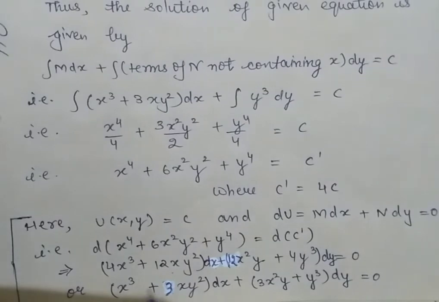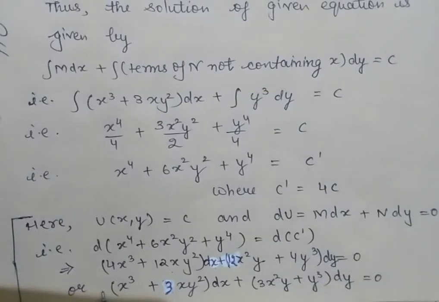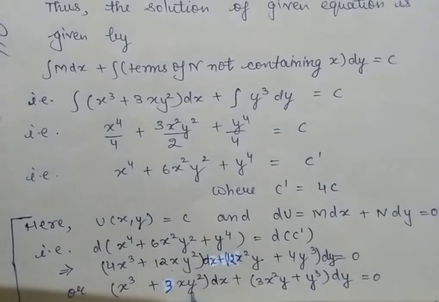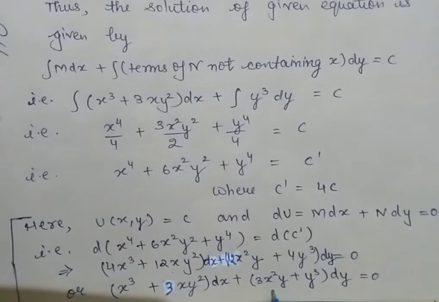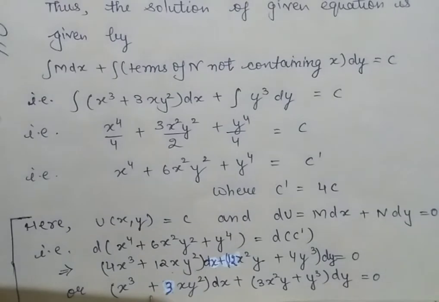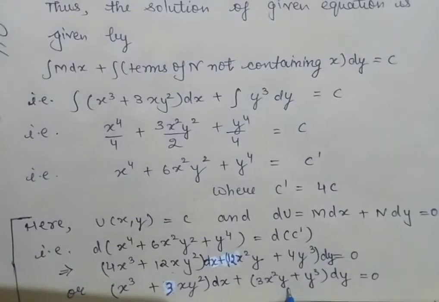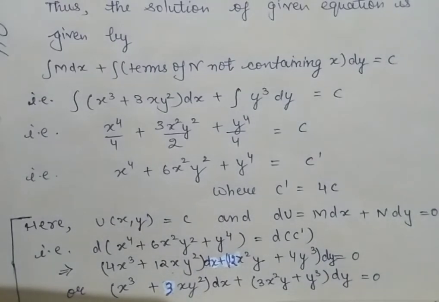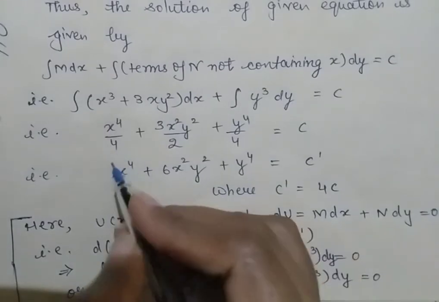Observe that if I take 4 outside, then this is (x cube plus 3xy square) dx plus (3x square y plus y cube) dy equal to 0. Observe that this is M and this is N. That is it, we get the original equation. This is just for knowledge. We get our general solution here.